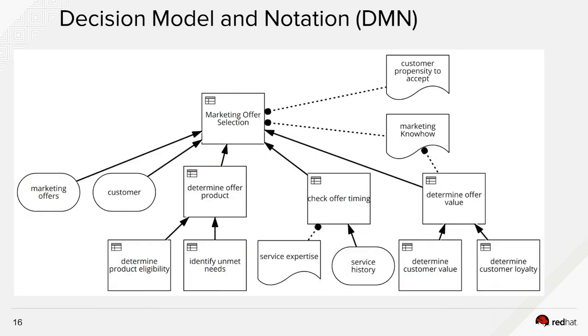And DMN is the notation that is gaining a lot of acceptance now as a way to represent business decisions. Business rule systems have been around for a very long time too, but have not really gained the kind of prominence that BPM has, partly because it's been very hard to represent business rules.